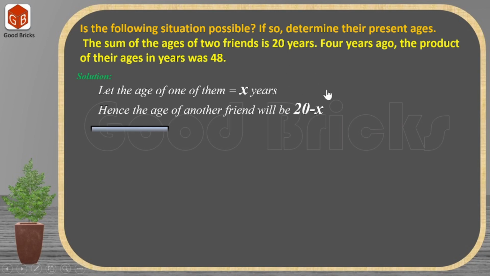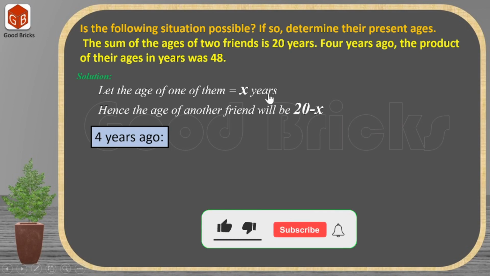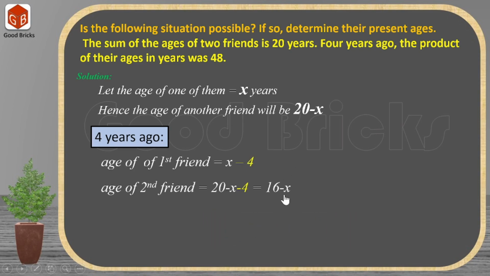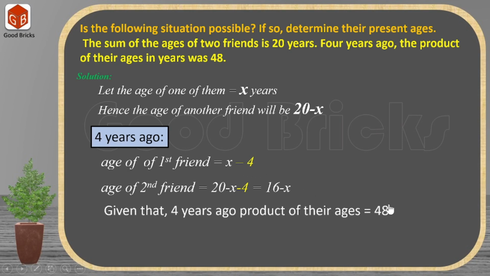And 4 years ago, the age of the first friend should be x minus 4. The age of the second friend should be 20 minus x minus 4, which is nothing but 16 minus x. And the given condition is the product of these two ages 4 years ago is equal to 48. It means (x minus 4) into (16 minus x) is equal to 48.